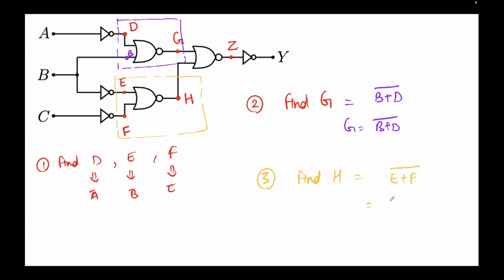I can write it as E bar times F bar. E is nothing but B bar, so B bar whole bar, plus F is nothing but C bar whole bar. This turns out to be B plus C. So the value of H turns out to be B plus C, G is B plus D whole bar. Now we just require to evaluate Z.